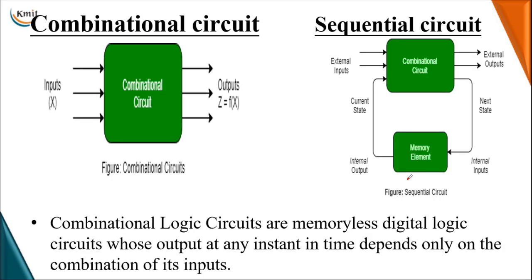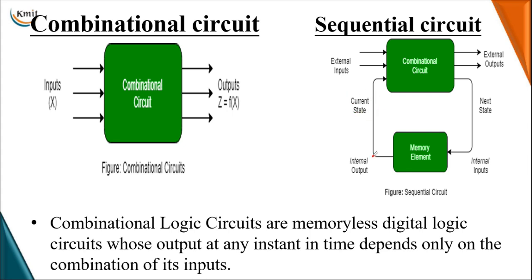These are the basic block diagrams of combinational and sequential circuits. A combinational circuit is represented with X number of inputs and Z number of outputs. There is a direct relation between the inputs and outputs, where the Z outputs are derived using the X inputs. In sequential circuits, the external outputs depend not only on the external inputs but also on the current state.